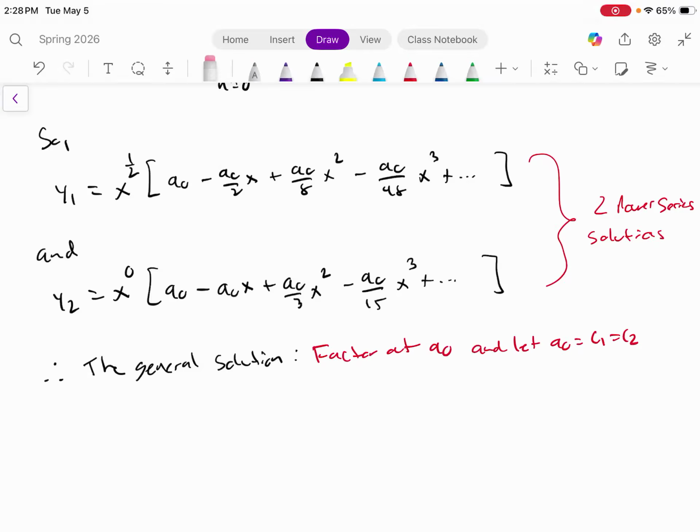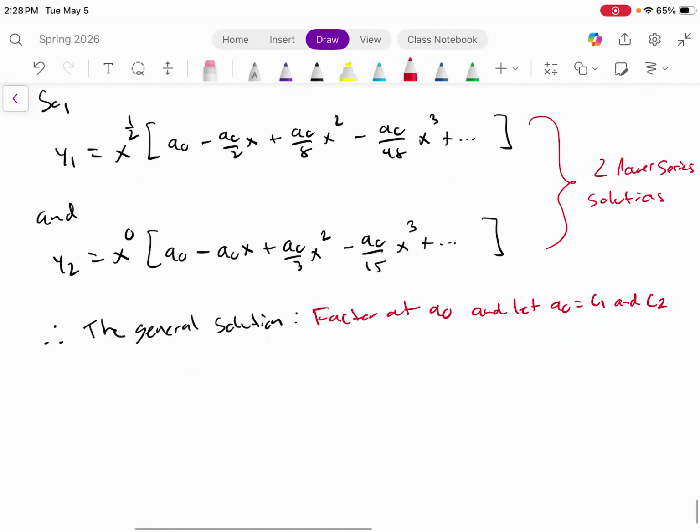Well, I won't say that C1 and C2 equal each other, because they're going to be different constants, but we're going to let a naught equal that. So we're going to factor a naught out of all of them.